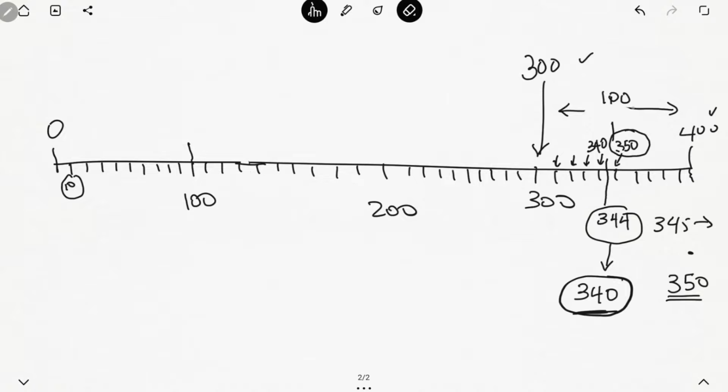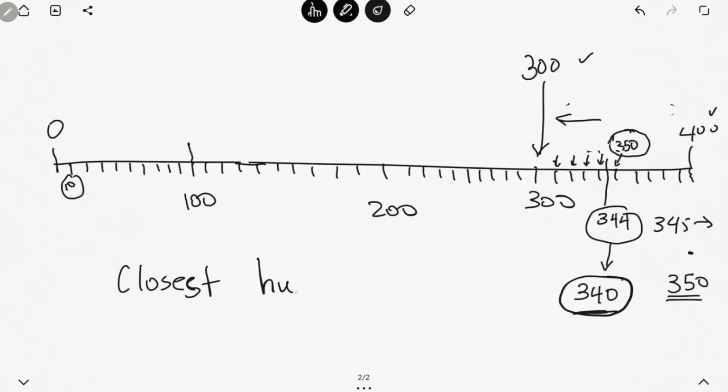I just want to erase this. So the closest 100 to 344 would be 300.